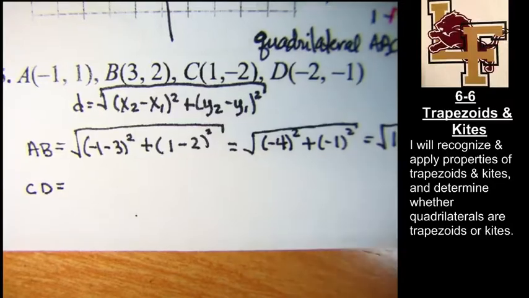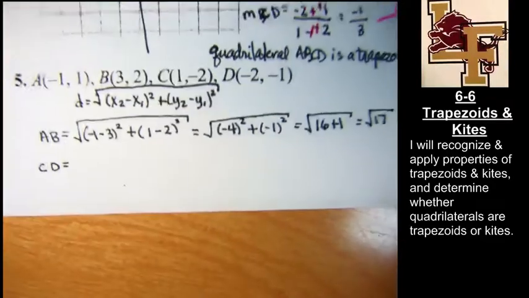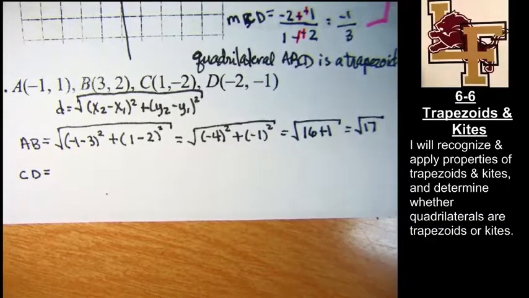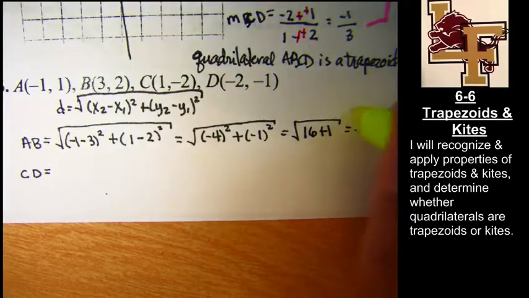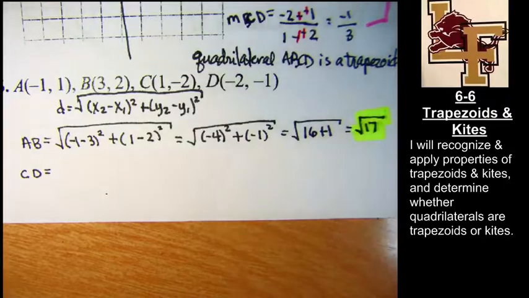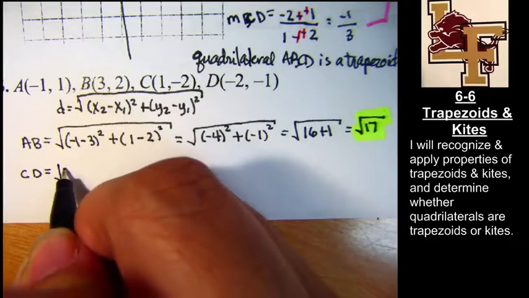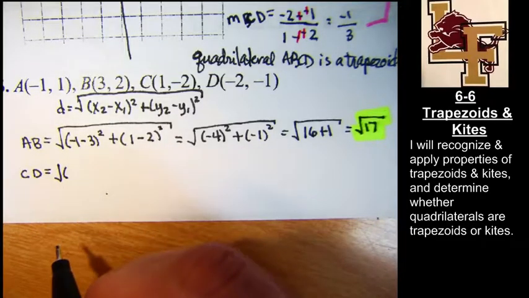Whoops, it went way off the screen. I am so sorry. Didn't realize it did that. There we go. All right. So one of his legs measures that. I don't know what number that is, but I can see a number and I can compare it, right? I can see the 17. Okay. Now we're going to measure his other leg from C to D.